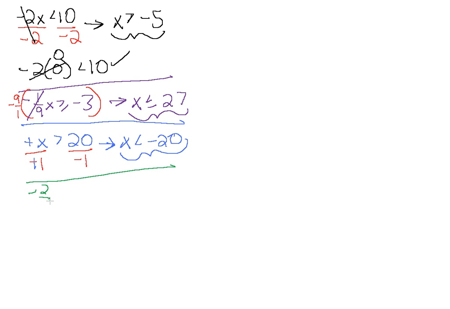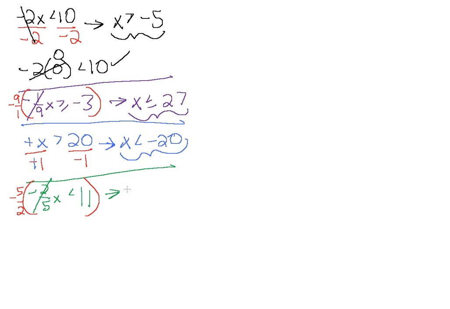Let's look at the next one. We have minus 2 over 5 times x is less than 11. We simply solve this by isolating our x, by multiplying by the reciprocal of the coefficient of x. So minus 5 over 2 is the reciprocal of minus 2 over 5.